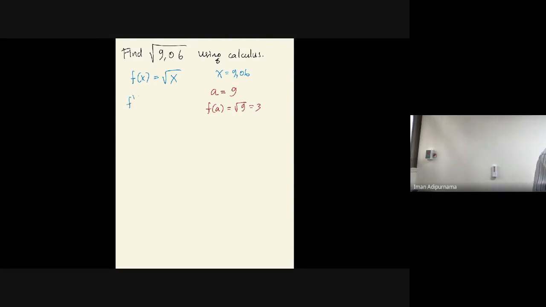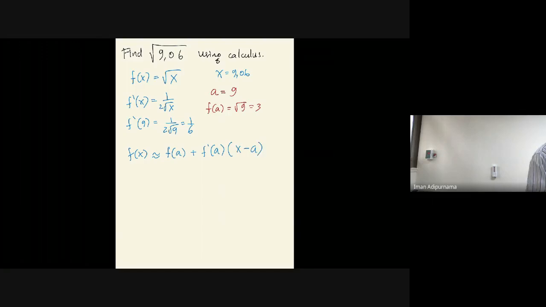And let's see what our derivative is here. It's just 1 over 2 square root of x, right? And when we put a is 9, it's just 1/6, right? So let me write the whole idea. f(x) is approximately f(a) plus f prime of a times (x minus a).